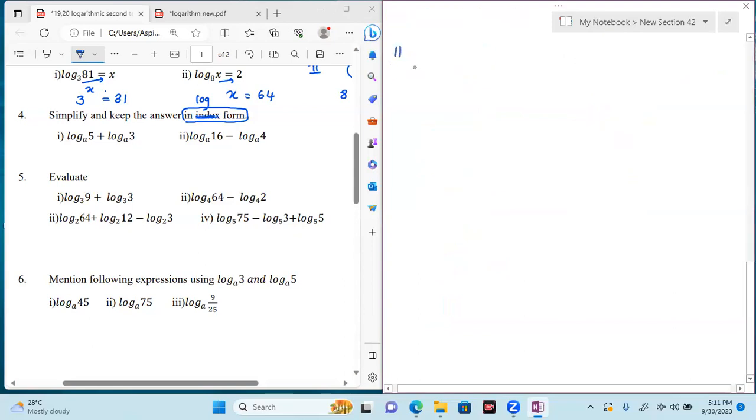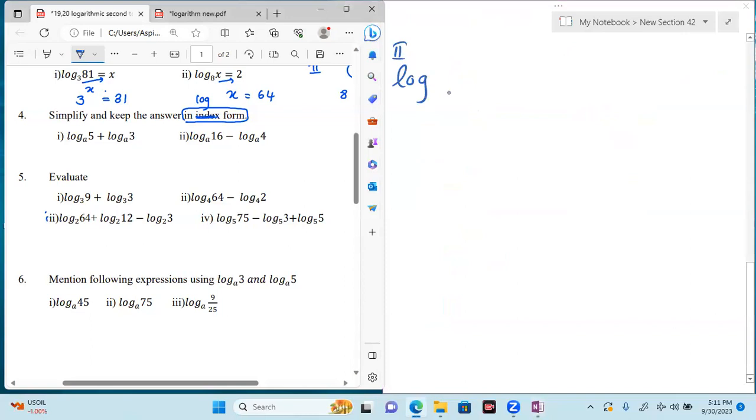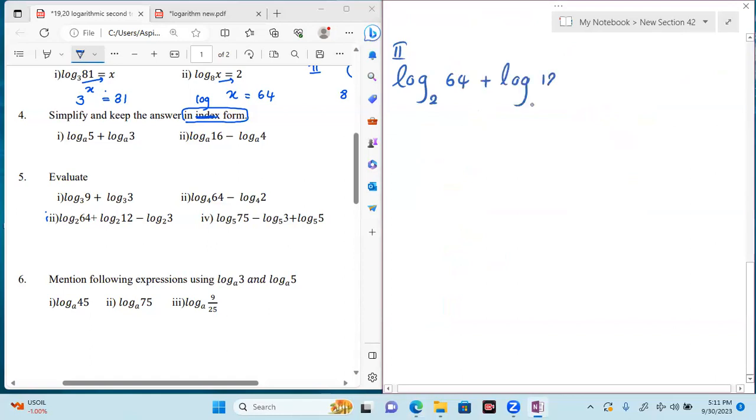Not second one, it's third one. It is logarithm of 64 to the base 2 added to logarithm of 12 to the base 2, subtract logarithm of 3 to the base 2. Now you can see that here it is addition, here it is a subtraction.